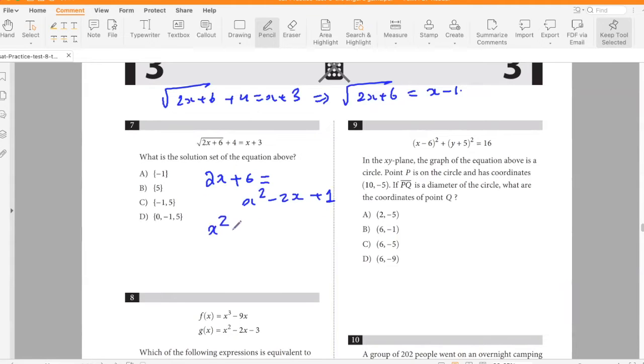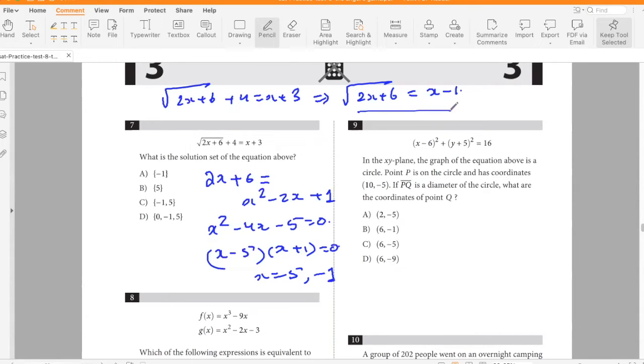So I get x squared minus 4x minus 5 is 0. So x minus 5 times x plus 1 is 0. So x is 5 and negative 1, right? So we get two values. But since we had a radical in the original equation, we'll have to verify both values.